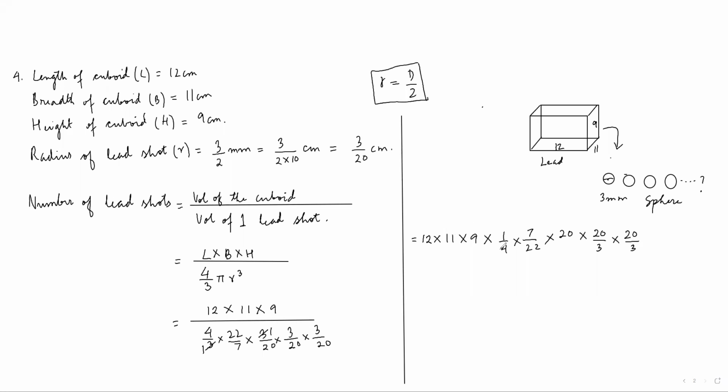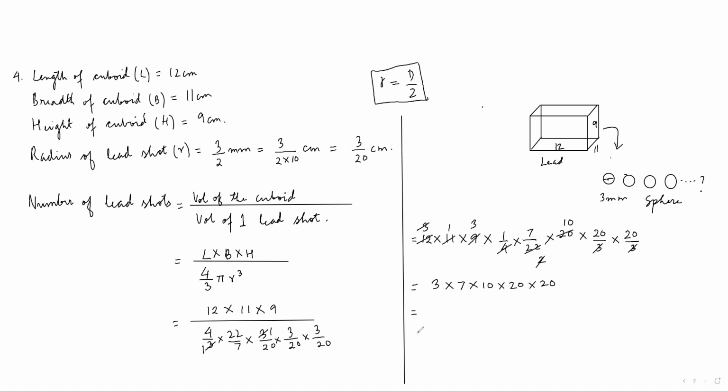To cancel, 4 in 12 goes 3 times, and 3 in 9 goes 3 times. 22 and 11: 11 goes 1 time, 2 goes 2 times, then the 2s cancel. So we get 3 into 1, over 7 into 10 into 20 into 20.